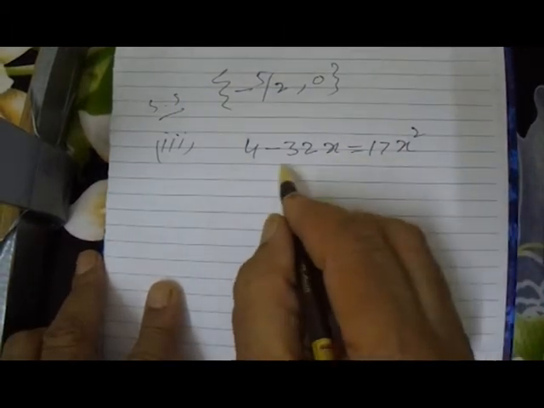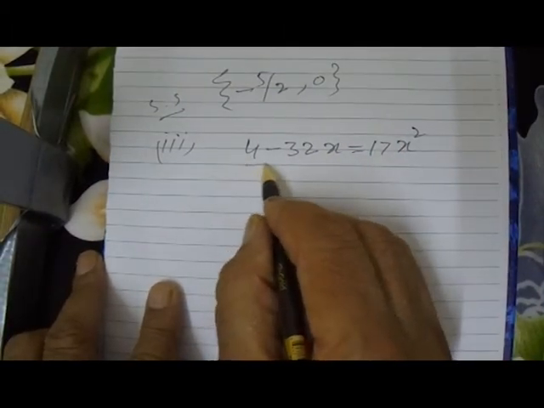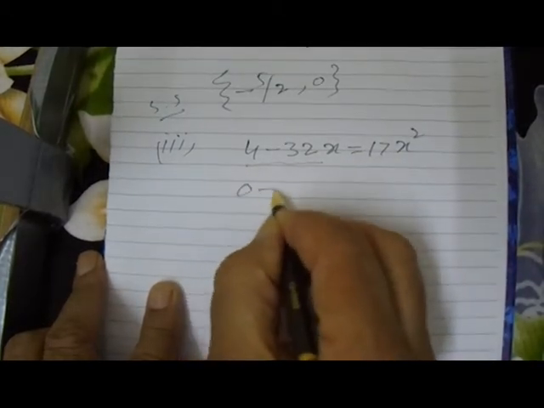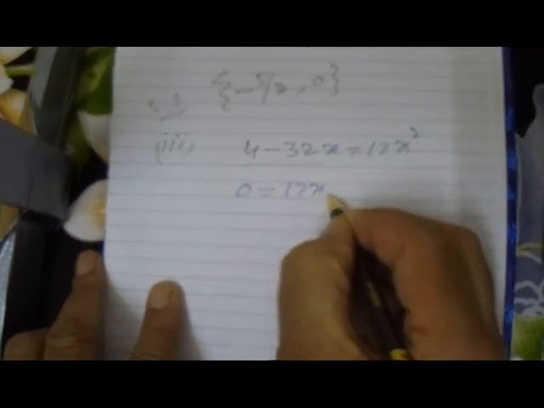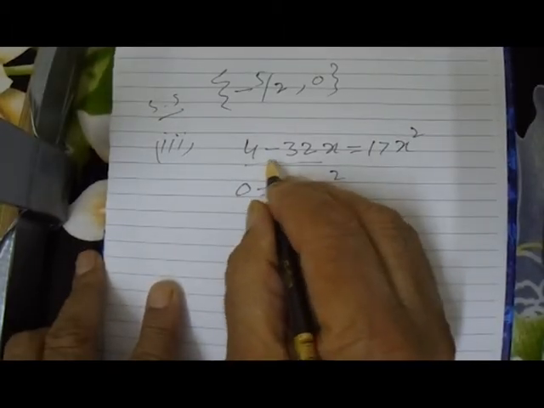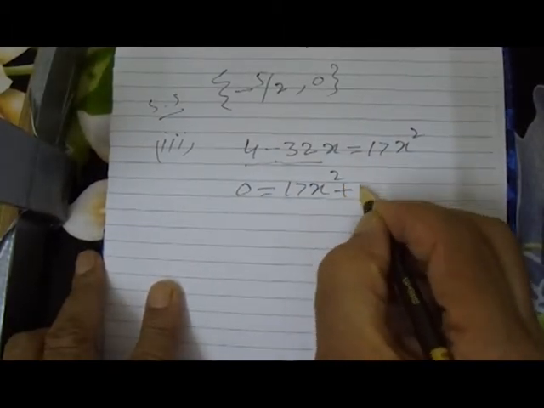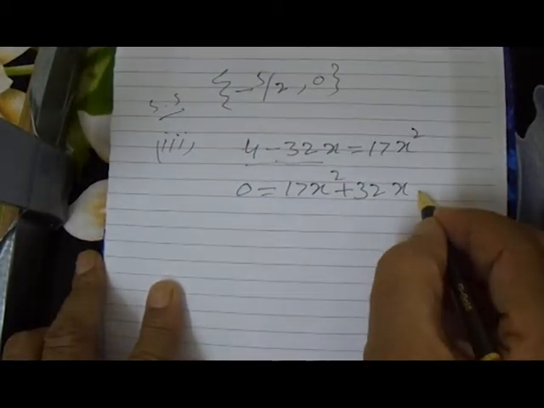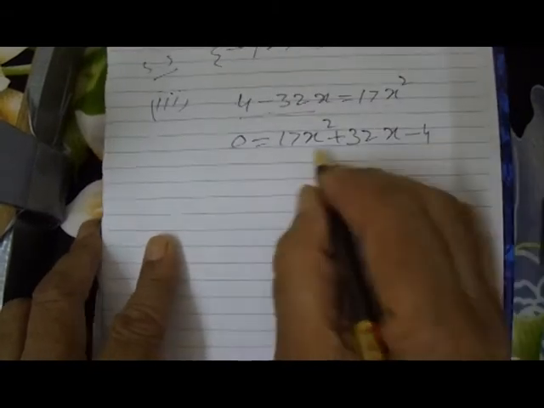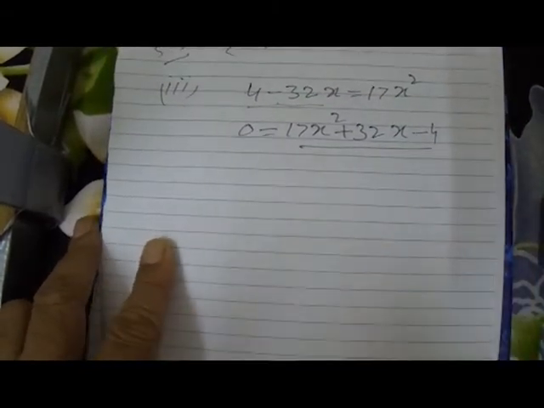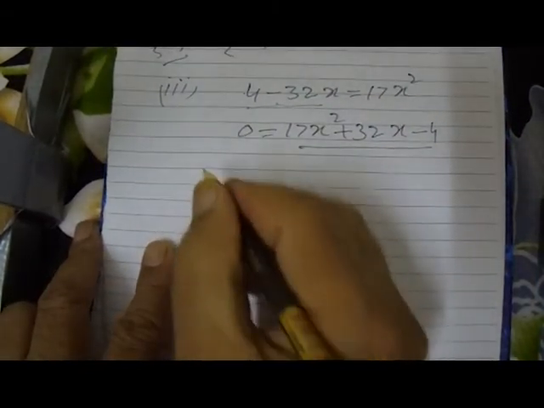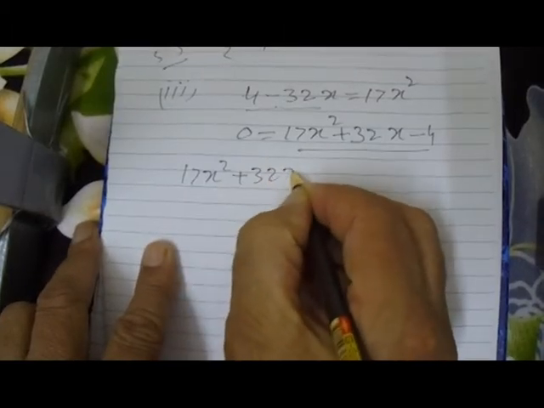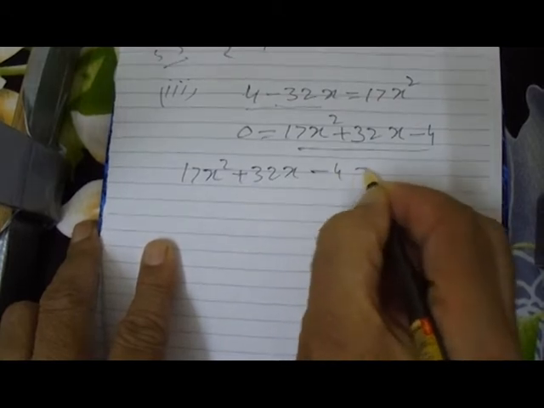Now we take the two terms to the right side and it becomes 0 here. 17x square plus 32x, and minus 4 on the right side, and we write this whole on the left side. Our left side is 17x square plus 32x minus 4 equals 0.